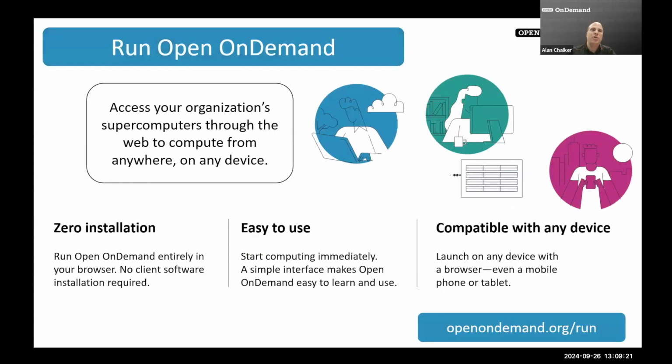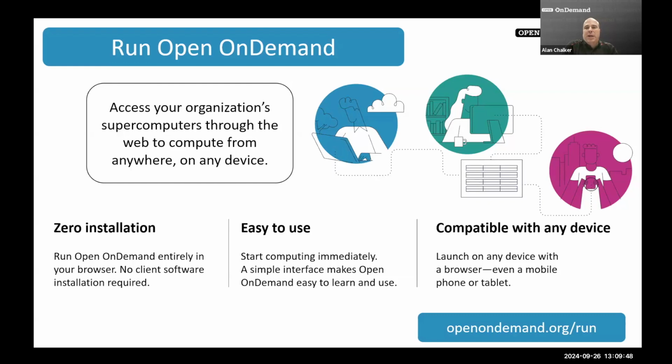Okay, so let's talk a little bit about Open OnDemand, first from the perspective of if you are a researcher or a client or a user of research computing, why might you care about Open OnDemand? It's pretty simple. It allows you to access your organization's resources, supercomputers, research computing, things like that, from the web, from anywhere on any device.